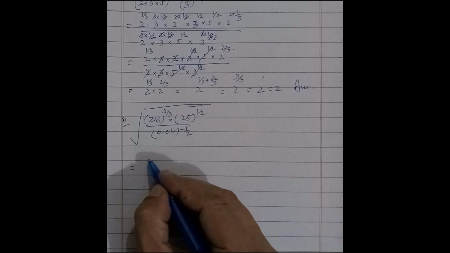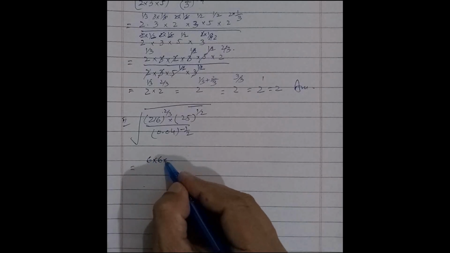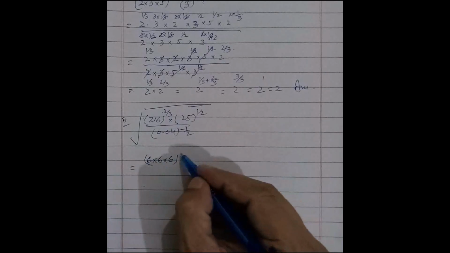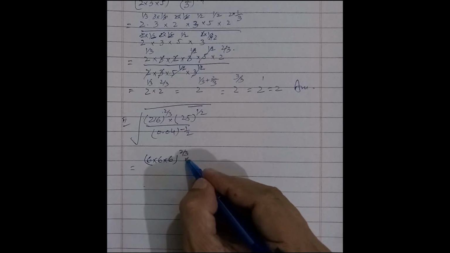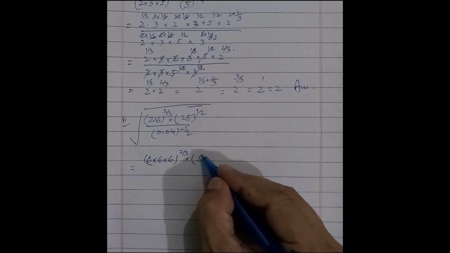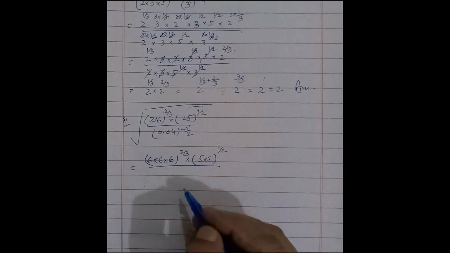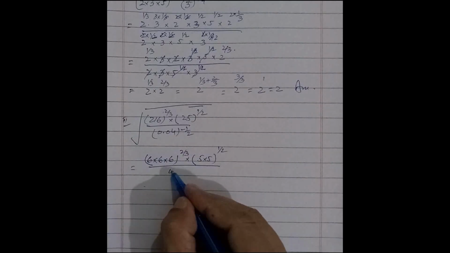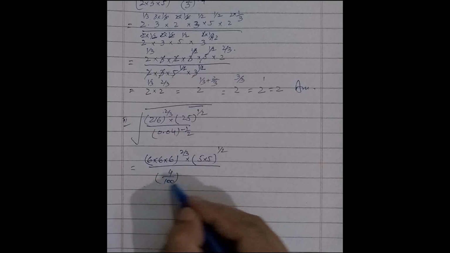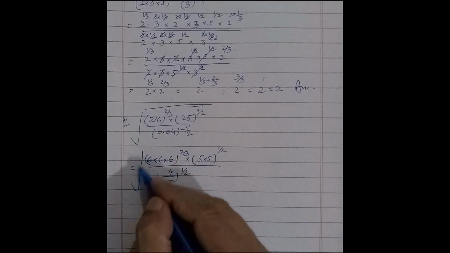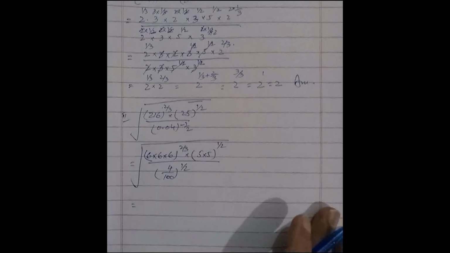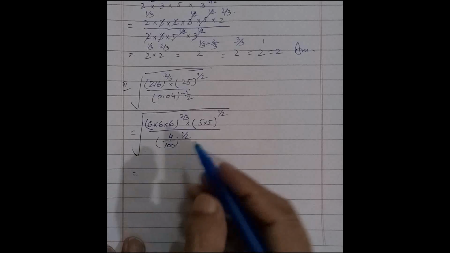216. It is 6 multiplied by 6 multiplied by 6 whole power 2 over 3. 25, 5 multiplied by 5 whole power 1 over 2 over 4 over 100 power 1 over 2.